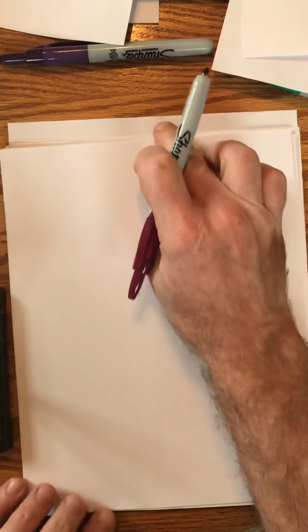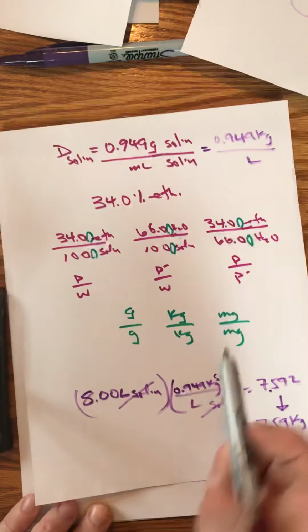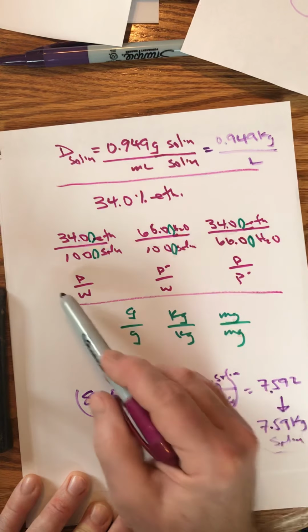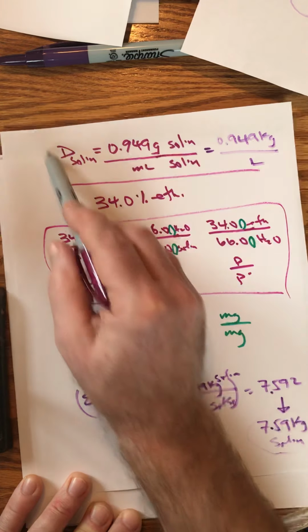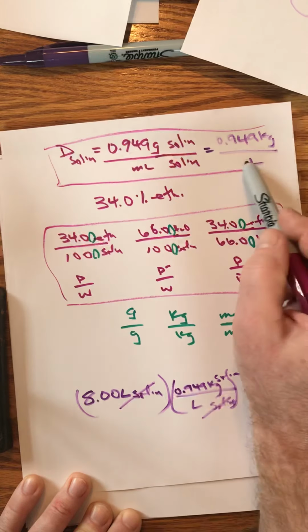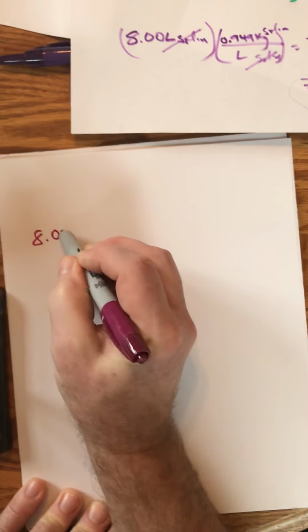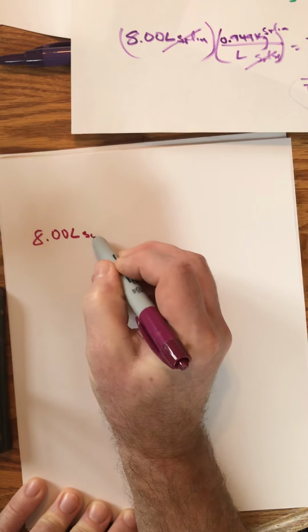Let's look at B. B says, what's the mass of water in 8 liters of solution? Keeping in mind, I've got my density and my 3 expressions of percent to work with. So I start with the simple 8 liters of solution.